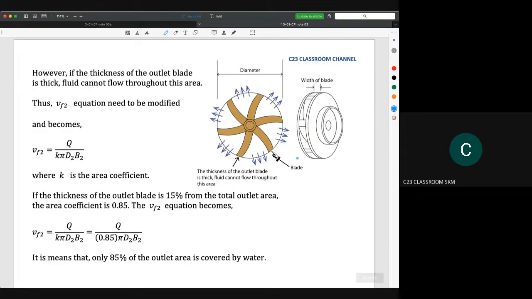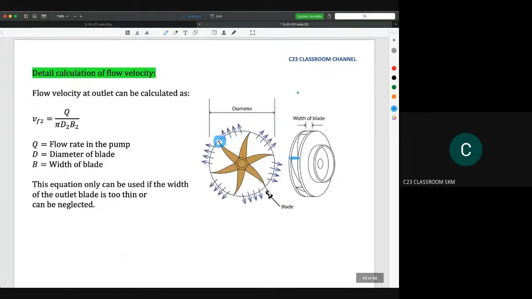However, if your blade is like this one, it will create a thick area at the outlet here. I hope you could imagine this. So what is the difference between this one and this one?